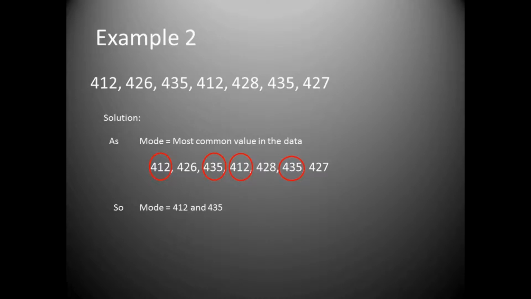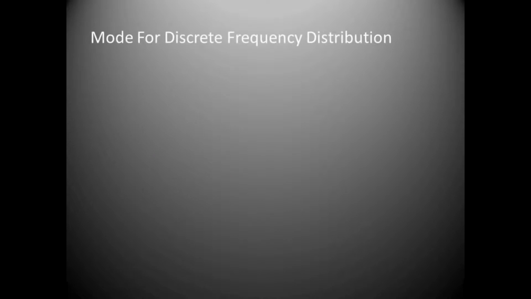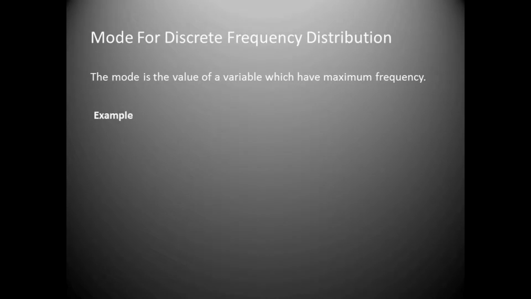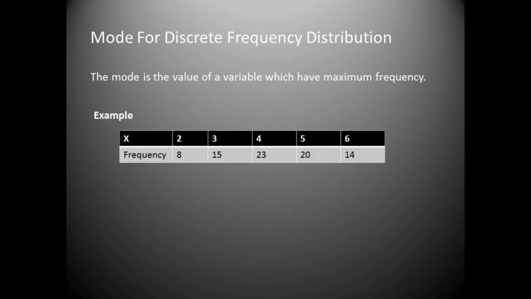Okay. Now, mode for discrete frequency distribution. The mode is the value of a variable which has maximum frequency. Again, consider an example in which we have values of x: 2, 3, 4, 5, 6 and frequencies as 8, 15, 23, 20, 14.